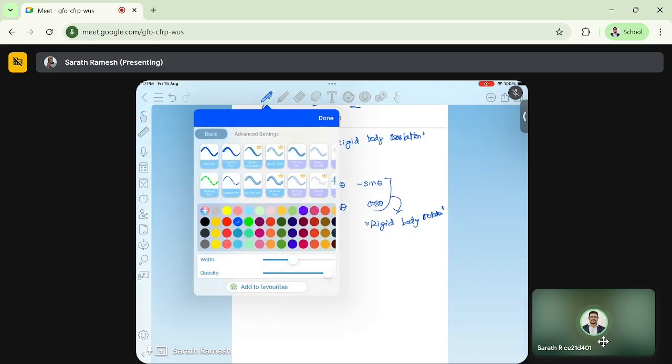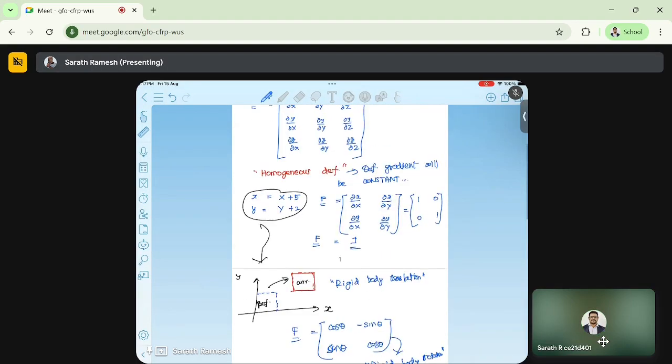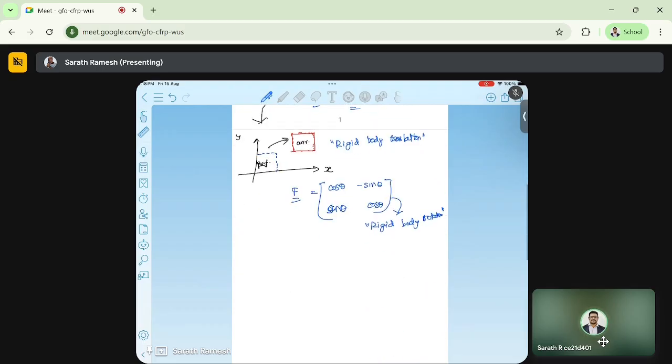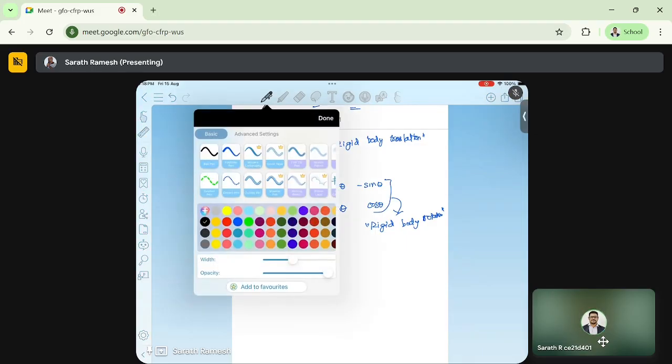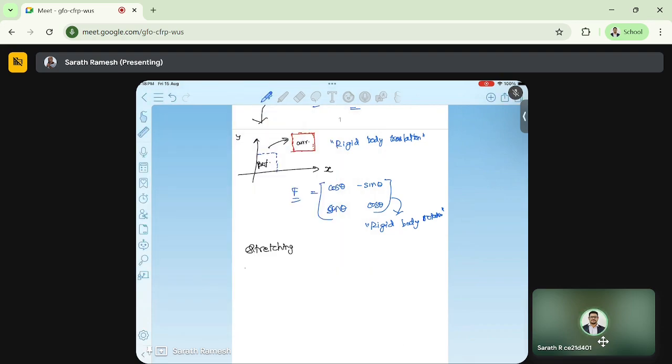Suppose I want to represent pure stretching. Actual deformation is coming into the picture. Say, for example, I have a deformation field given by small x equal to 2 times capital X plus 0 times Y, and small y is given by 0 times X plus 1.5 times Y. So what happened?